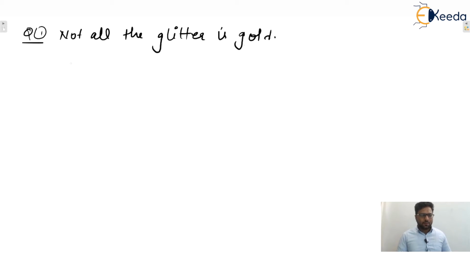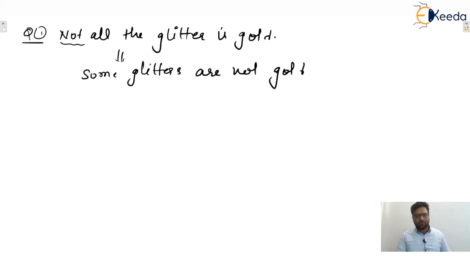Not all means that some glitters are not gold, and these are equivalent. Not all the glitters is gold means some glitters are not gold. So we can write it like that.